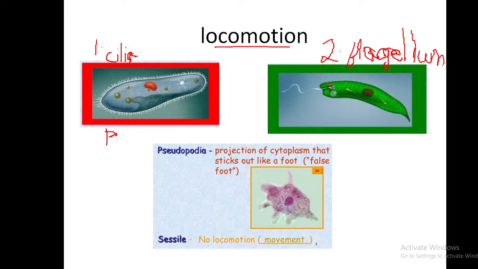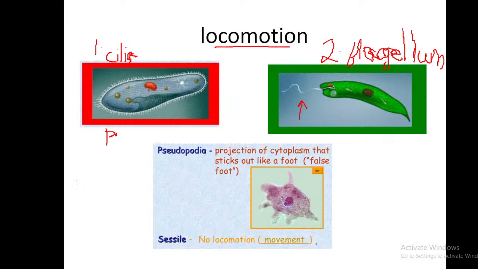Single flagellum. The locomotory structure found on the body of this euglena is flagellum. You can see here this single long structure. This is flagellum. So the locomotory structures present in the body of protists are cilia and flagellum. On paramecium you can see cilia and on euglena you can see flagellum.